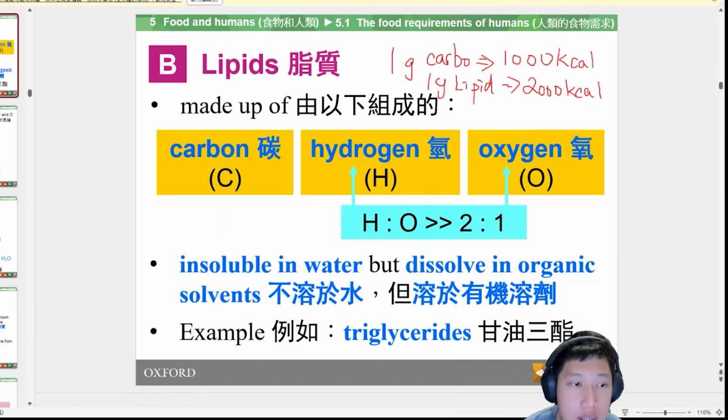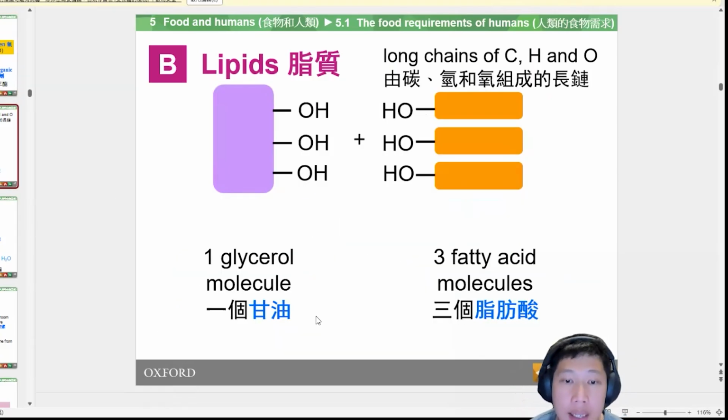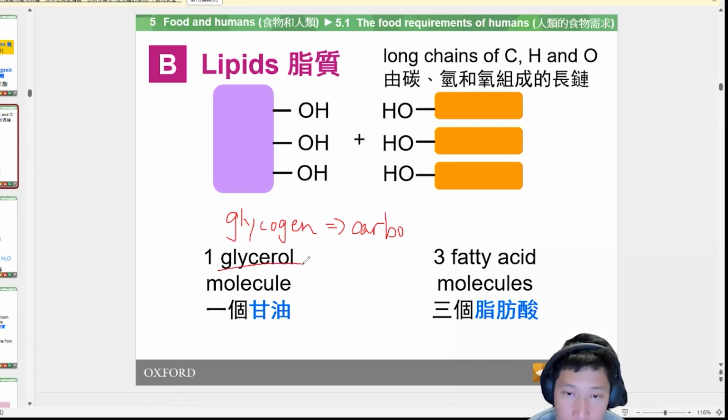Now, with this idea, let us quickly have a look at how lipids are formed. Lipid is built up with one glycerol molecule. Now remember, glycerol is different from glycogen. Glycogen is a type of carbohydrate, but glycerol is a type of lipid.